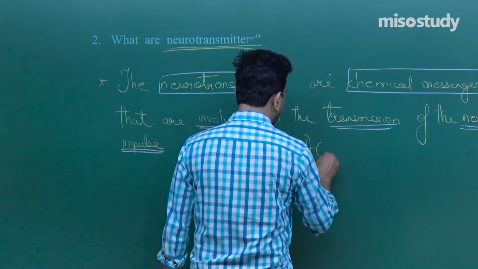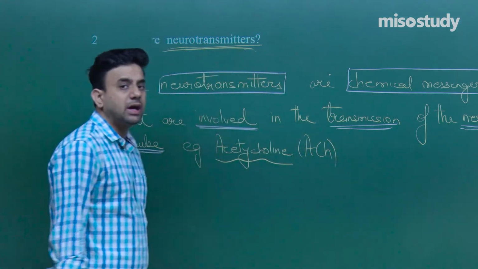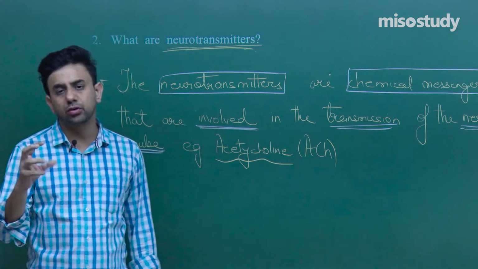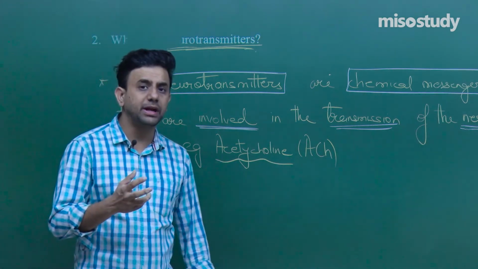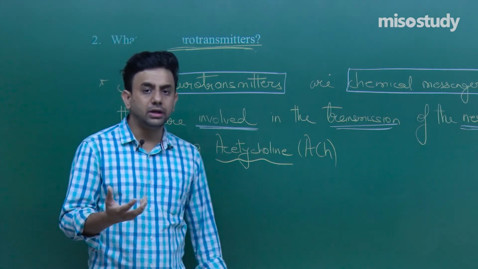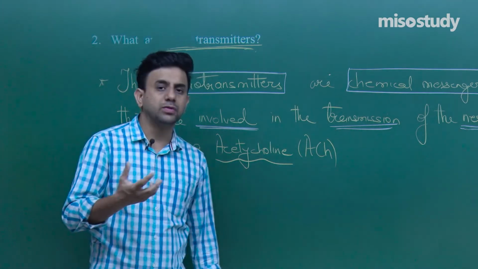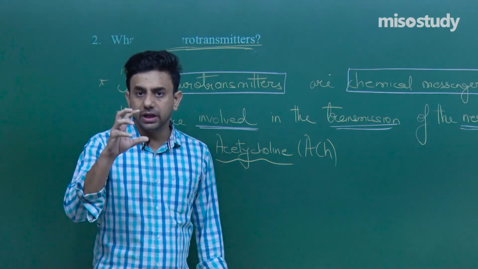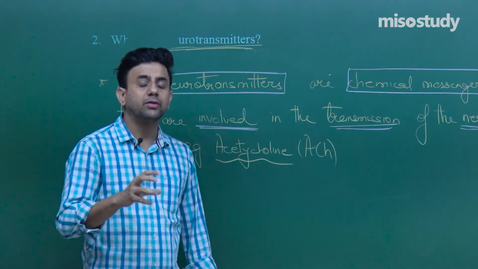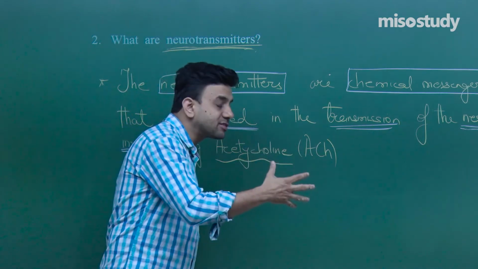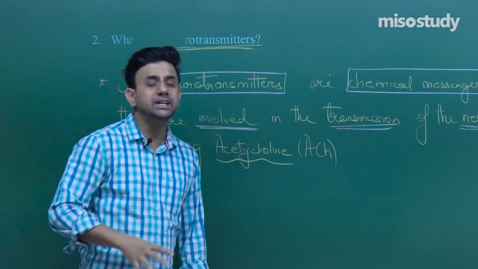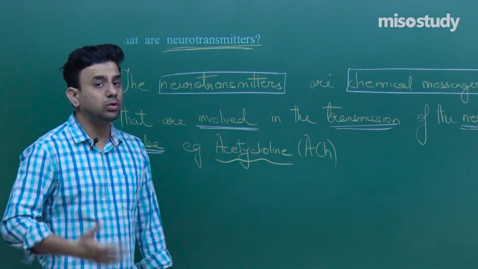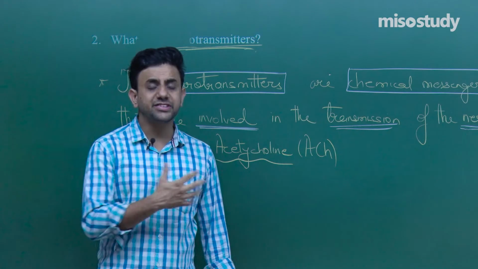Now, when you are talking about the junctional synapse, in the presynaptic membrane of the pre-neuron, we will see that these acetylcholine, or the chemical messengers, are within the synaptic vesicles. What happens is there is an influx of calcium and the acetylcholine is released from the vesicles, which will take the message.